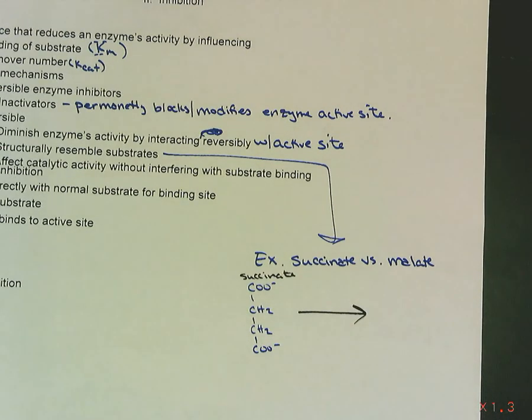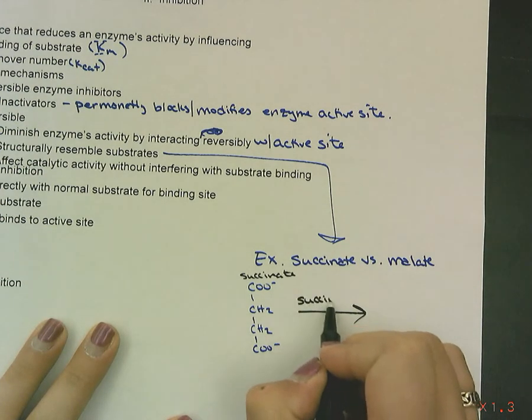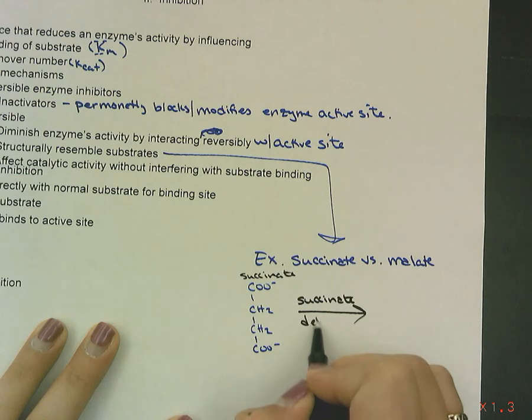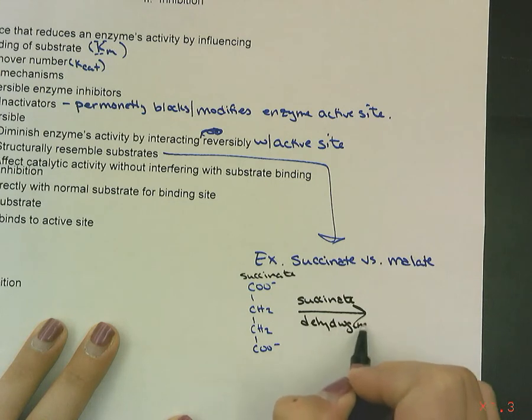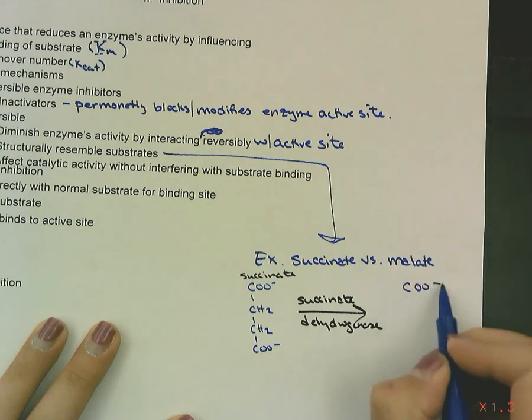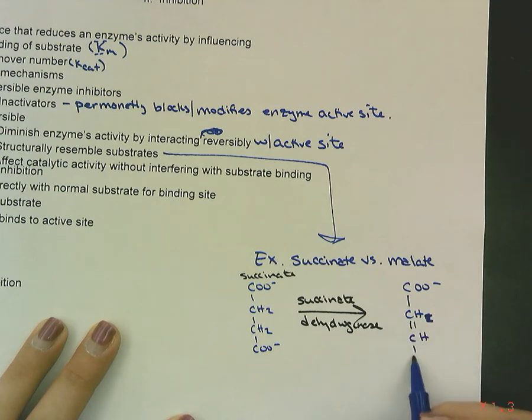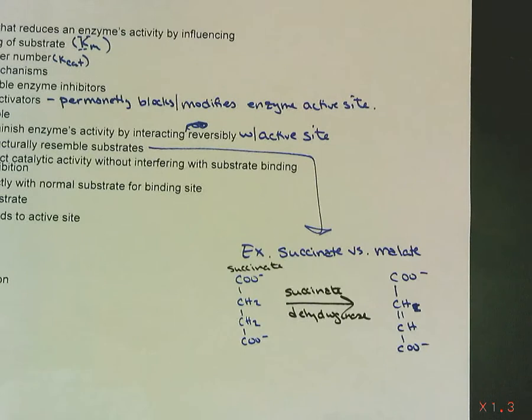Succinate in the presence of succinate dehydrogenase forms a double bond in between the 2 and 3 carbons.